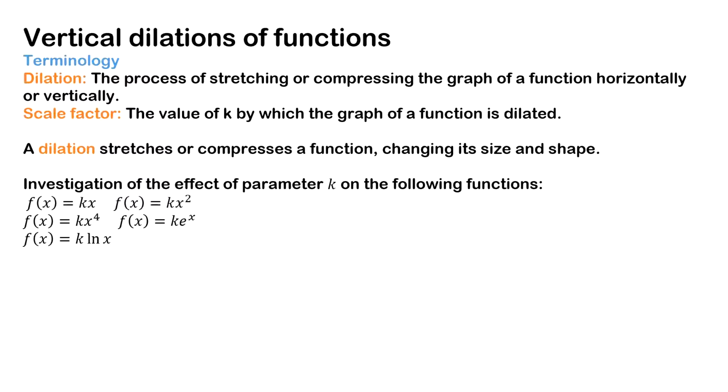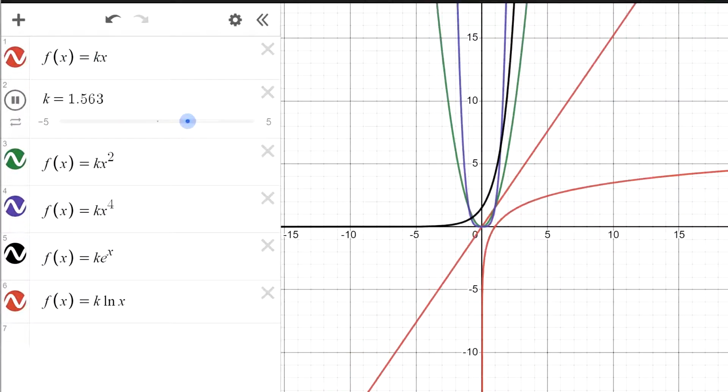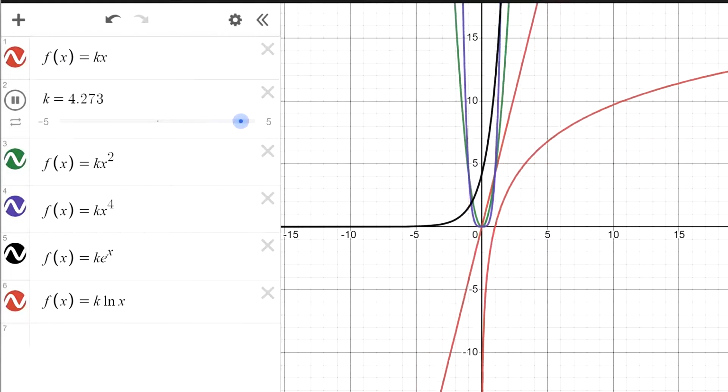We will investigate the effect of changing the k value on the following functions on your screen. On your screen you can see the functions plotted, and as k increases there is a vertical dilation.